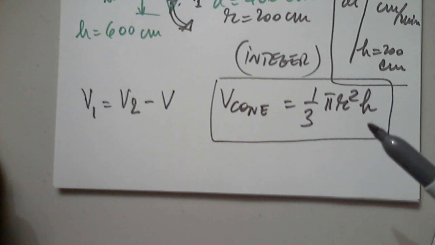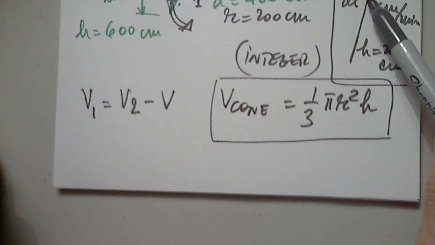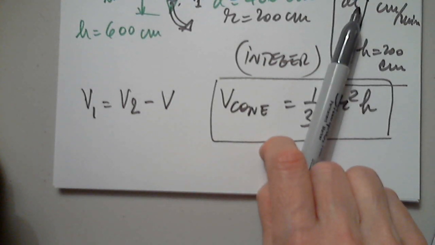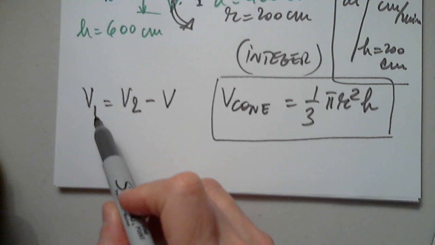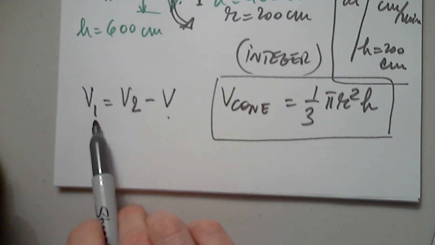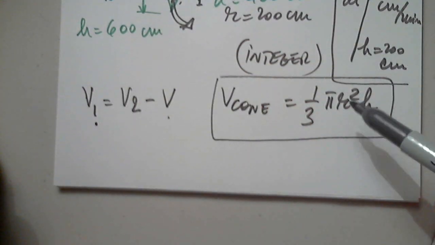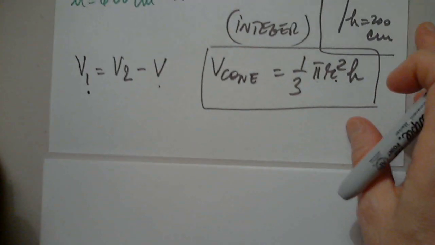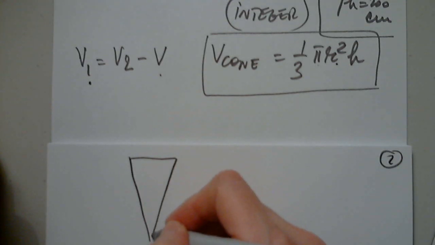We are also given the fact that at a particular instant, when the height is 200, dH over dt is 20. So this V is that V1. Remember, in this particular situation, we do have to use similar triangles.